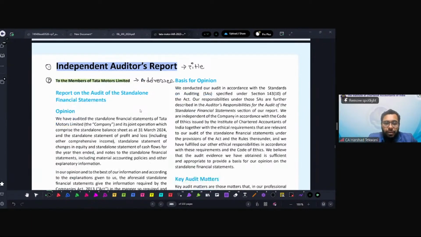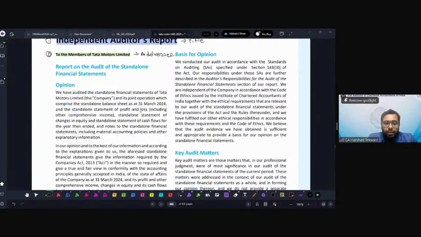Now here, when we write only opinion, that means it's an unmodified opinion. If I don't write anything, that means it is an unmodified opinion. If it was a modified opinion, then I would have written qualified or adverse opinion.